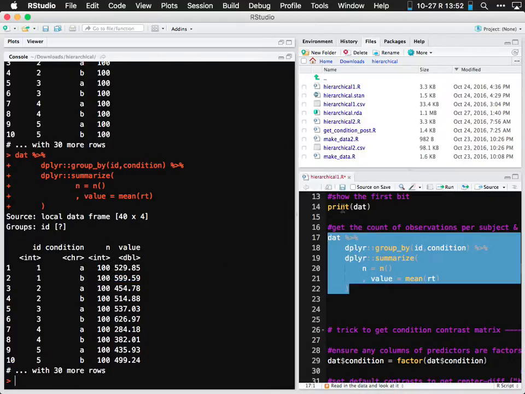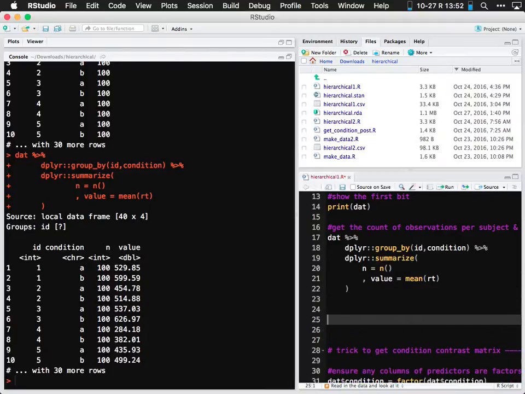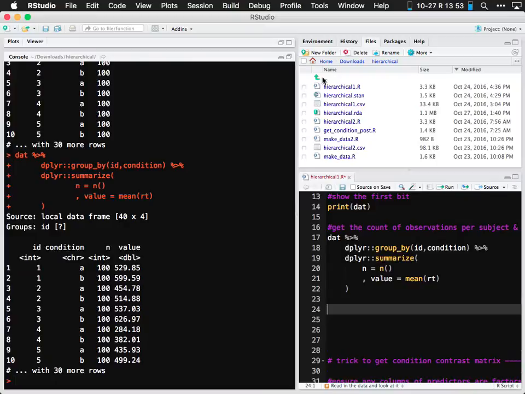And if I were interested in knowing, is there a condition effect on RT? This is sort of what we had originally in the multivariate case, where we had two observations per person, one in one condition, one in the other condition. I don't expect nor really want you guys to type this out.